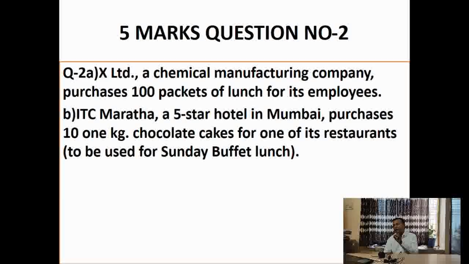Friends, अगर आप लंच पैकेट परचेस करते हैं एम्प्लॉय के लिए, कोई लीगल ऑब्लिगेशन नहीं है, तो ITC is not available. For the 5-star hotel that purchased chocolate cakes, here the ITC is available in case of B, because the chocolate cake will be sold, there will be an output and input relation.